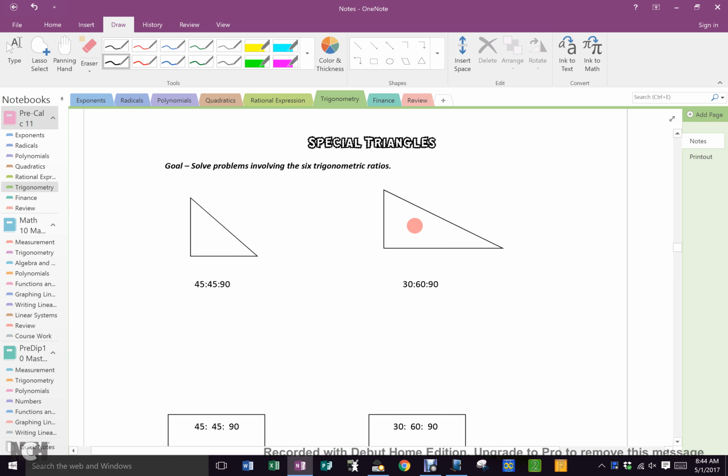Okay? Now, what do you know about isosceles triangles? You know that's 90. What do you know about these two? They're both 45. Now, what else do you know about an isosceles triangle? Kelvin? All the angles add up to 180. That is true of all triangles.